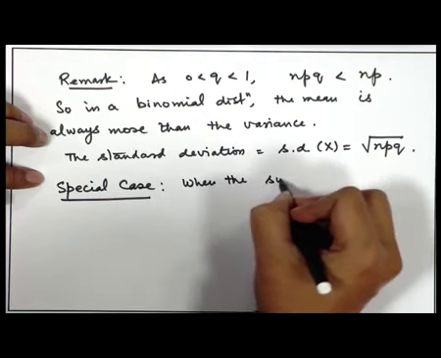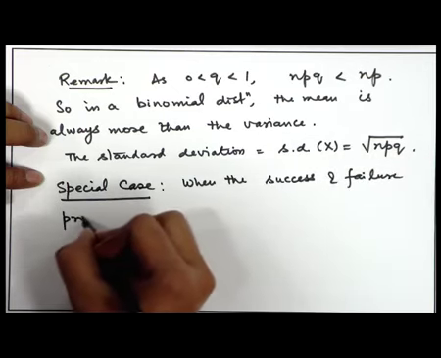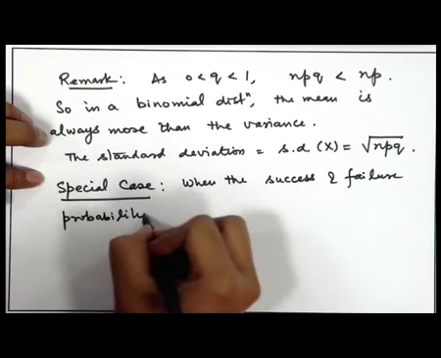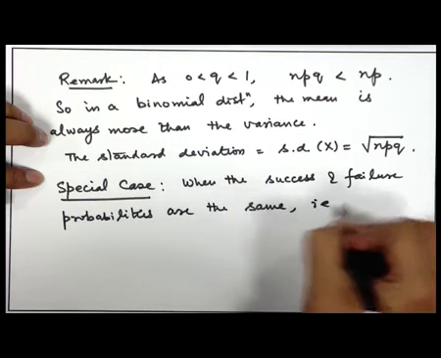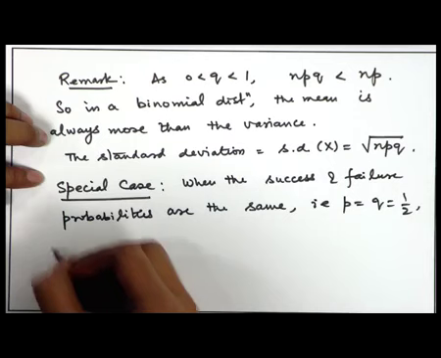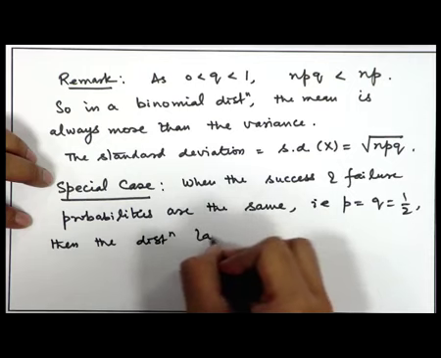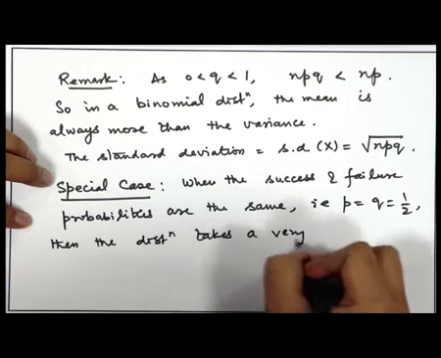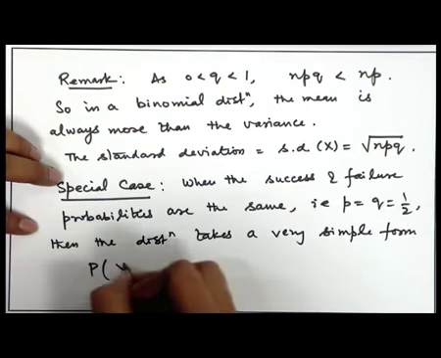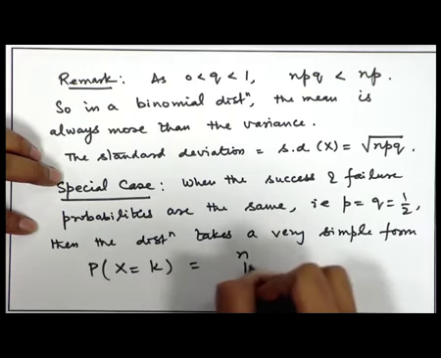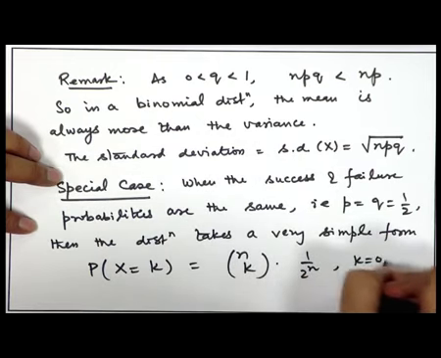When the success and failure probabilities are the same, that is p is equal to q is equal to half, then the distribution takes a very simple form, that is probability x is equal to k, that is equal to nCk half to the power n, for k equal to 0, 1 to n.